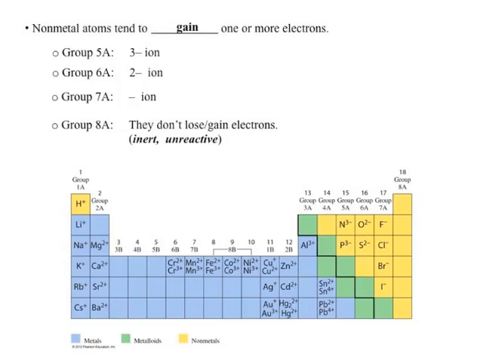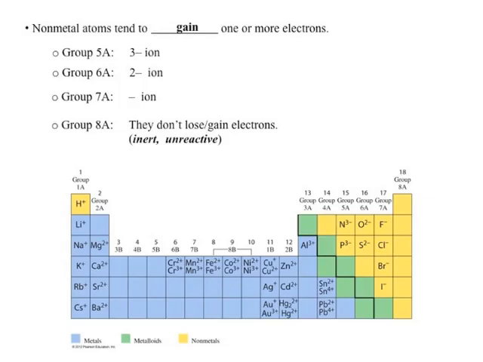The elements in group 5A always gain 3 electrons and become a 3 minus ion. Group 6A becomes a 2 minus ion by gaining 2 electrons. Group 7A becomes a negative 1 ion by gaining 1 electron. How about group 8A? Group 8A elements never lose or gain electrons, so they are very inactive elements.